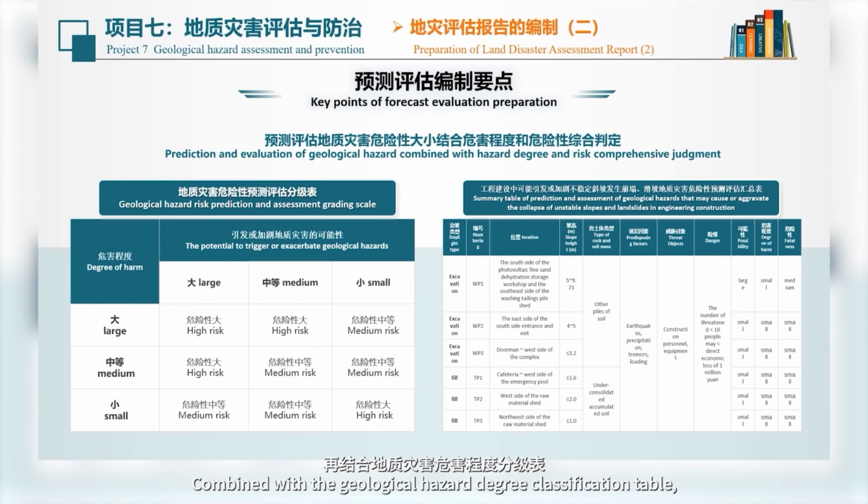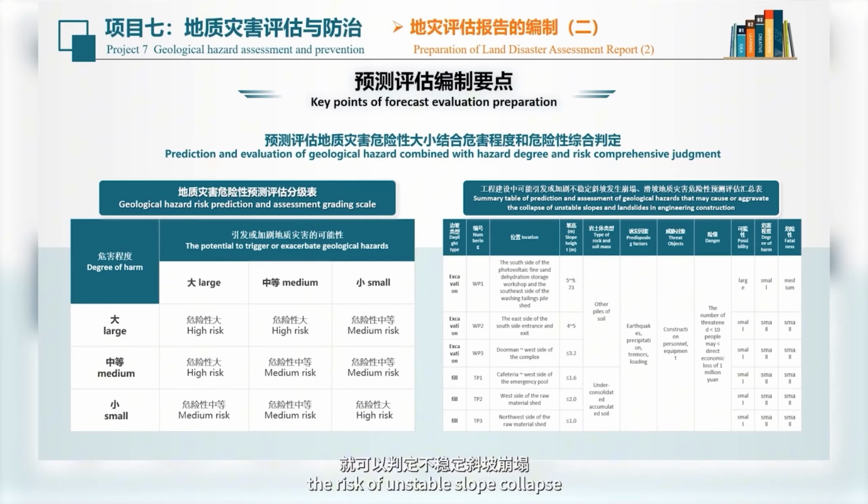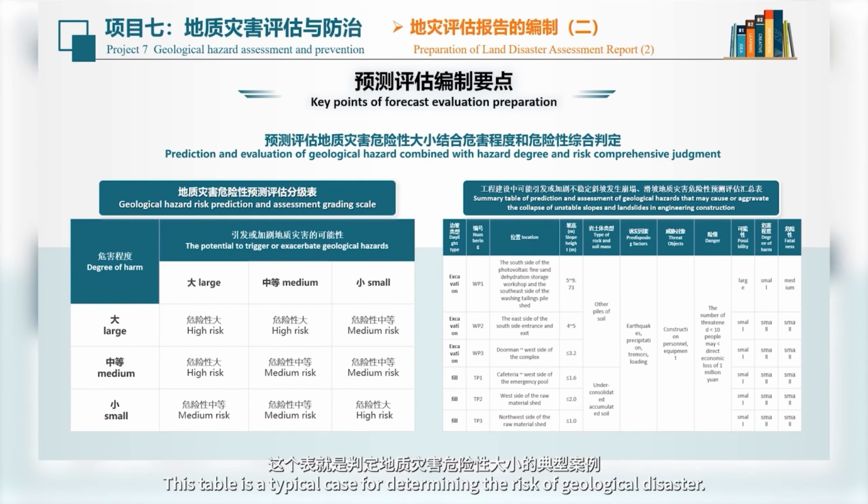Combined with the geological hazard degree classification table, the hazard degree, possibility and harm degree of unstable slope collapse and landslide in the evaluation area are determined. Combined with the geological hazard prediction and evaluation classification table, the risk of unstable slope collapse and landslide geological disaster can be determined. This table is a typical case for determining the risk of geological disaster.